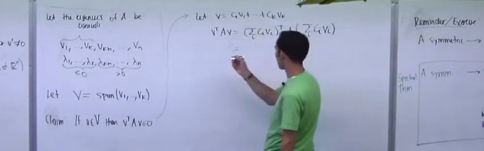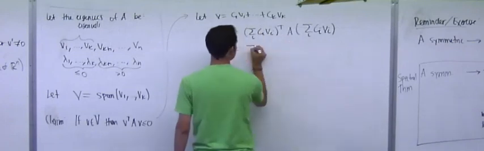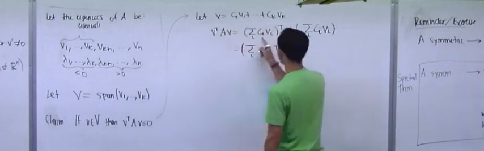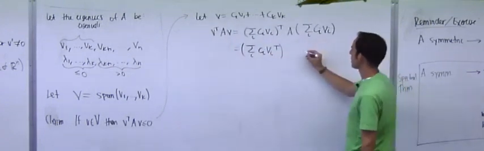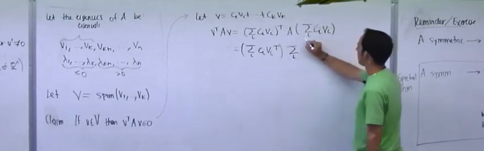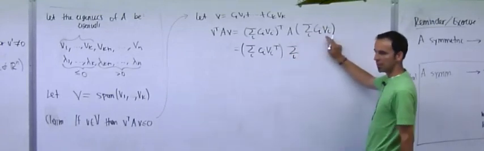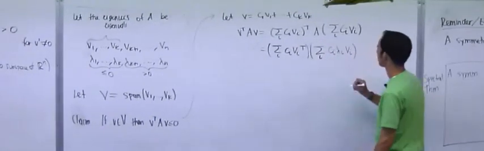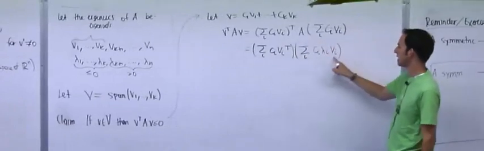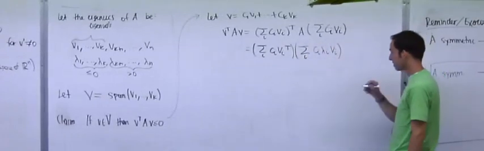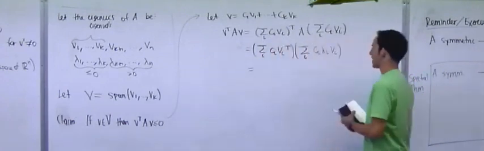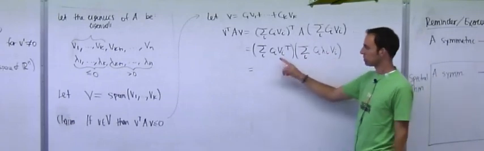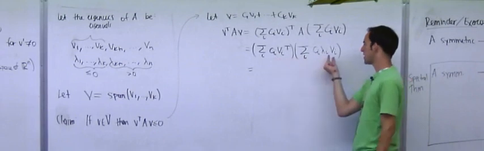I'm making the same argument that I made already. Here's the left thing, ci vi transpose. And what is this? Well, remember, A vi is lambda i vi. And so this is just ci lambda i vi. ci is a constant, and A times vi is lambda i vi. And then I make the reasoning again that the vi's are orthonormal, which means that whenever I have a vi transpose vj, that's going to disappear.